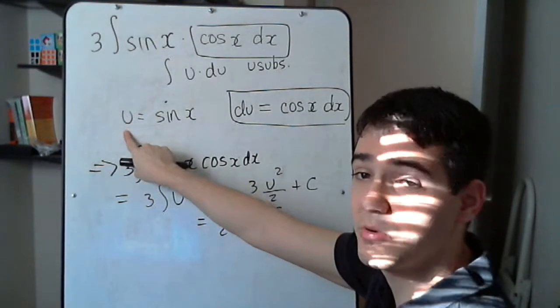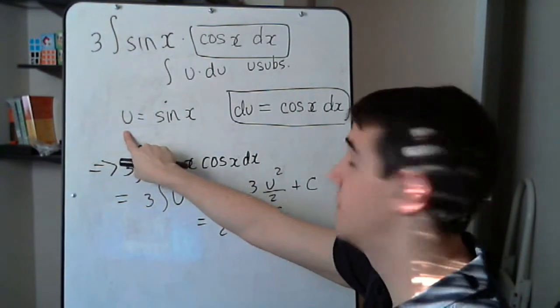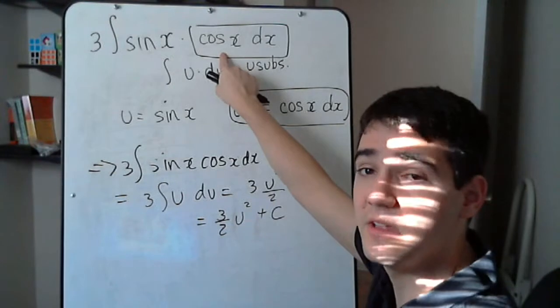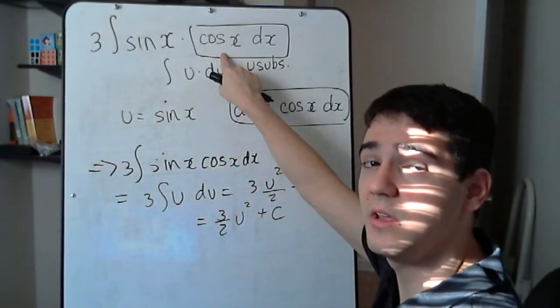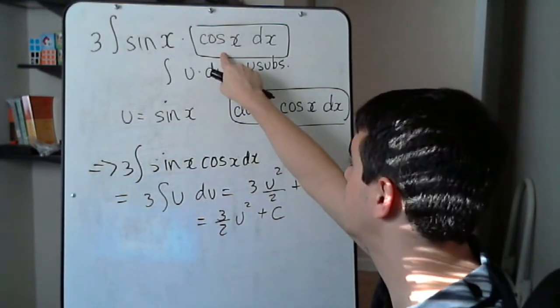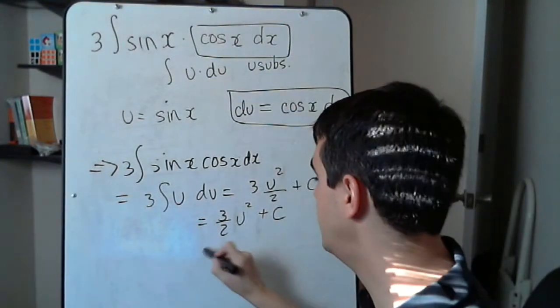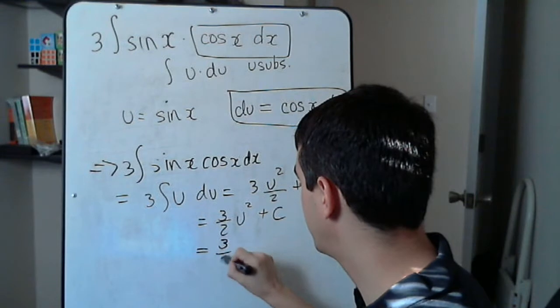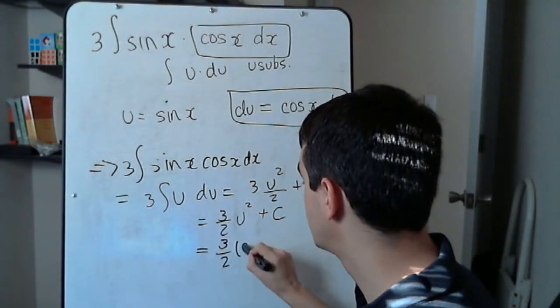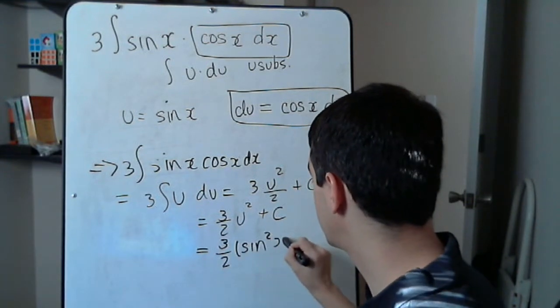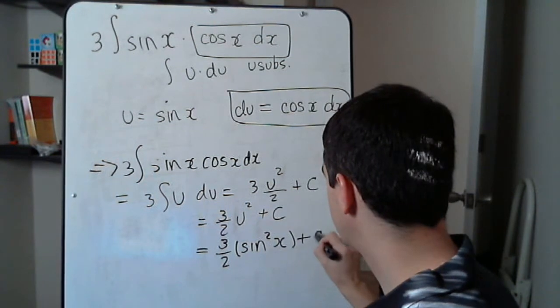We chose an appropriate u and took its derivative, and when we took its derivative, we were able to get the other part of our integral. So that's why we are able to switch it back. Then we get 3 halves sine squared of x plus c.